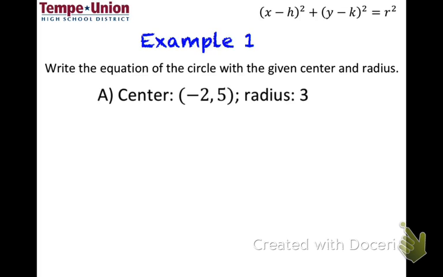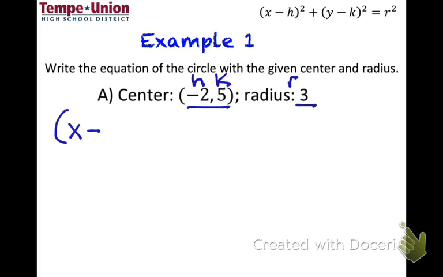So how do we utilize this now that we've got a nice equation? If you already know the center and you know the radius, you can easily write the equation of the circle. You just plug in your h and your k, and the radius, of course, is your r in the equation. I'll show the work of plugging it in.